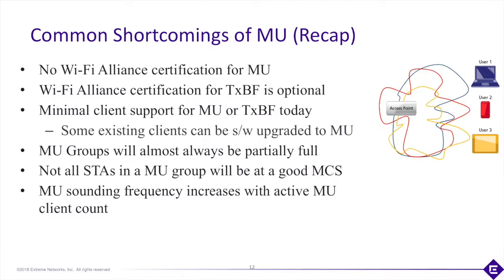Not all stations in the multi-user group will be at good MCS, so their data rates won't be good, and the transmission has to go out at the lowest common data rate. And lastly, multi-user sounding actually increases when the clients are moving around the environment. So we see a ton of channel overhead for very little efficiency gain. And this is why I argue that you turn off multi-user MIMO.